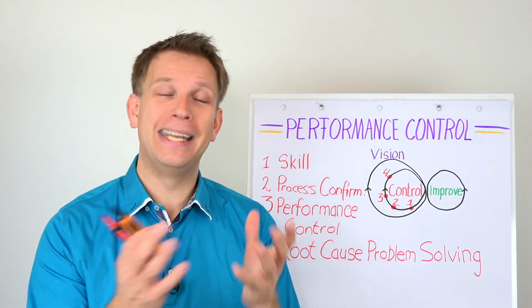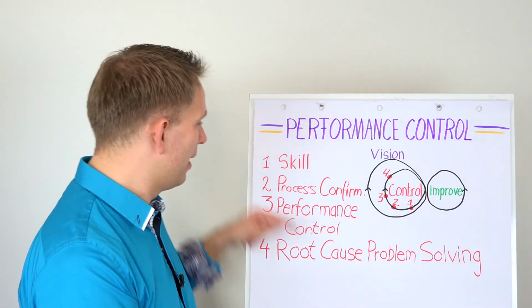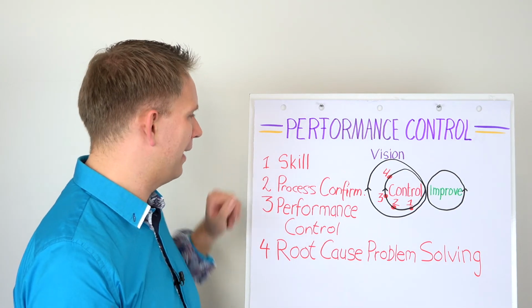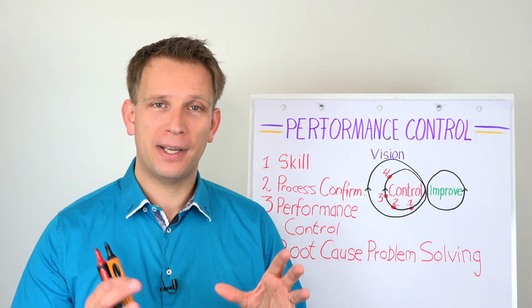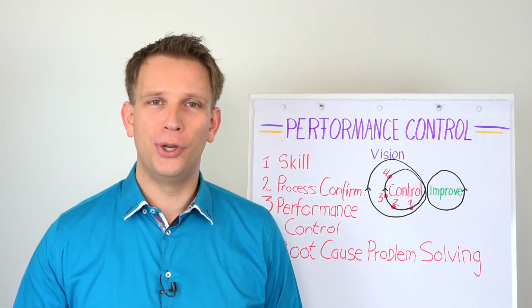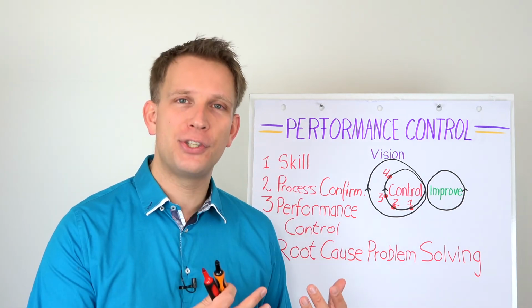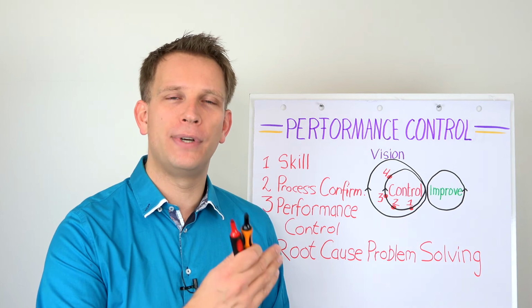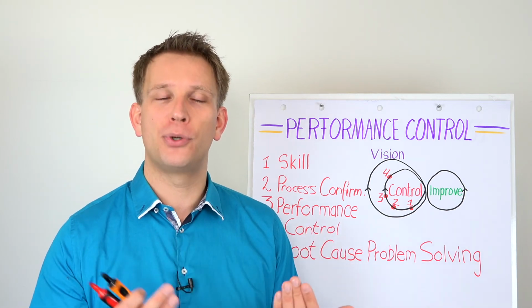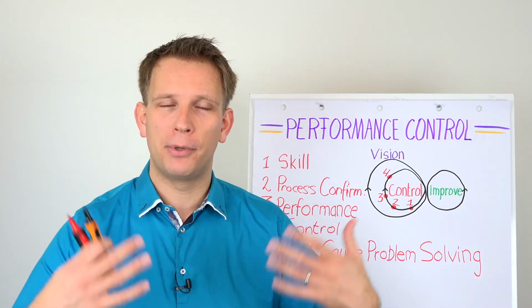Because that, and I didn't even say it yet, but that's the whole idea. When the skills and the processes are up to specs, your performance will be good. That's the whole idea. Make sure that you catch any deviations before they really damage your performance, before they damage your product, your income, your volumes.